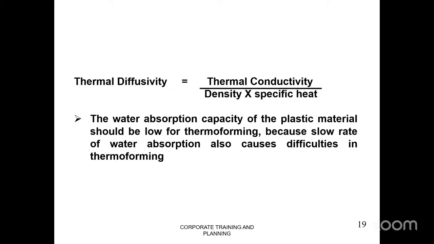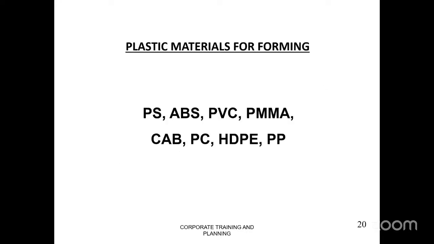Also, we have seen the thermal diffusivity yesterday. And also the property which the polymer should have, that is, the water absorption capacity should be lower for the thermoforming process. Now, what material? Polystyrene, ABS, PVC, acrylics, polycarbonate, SDP, polypropylene.